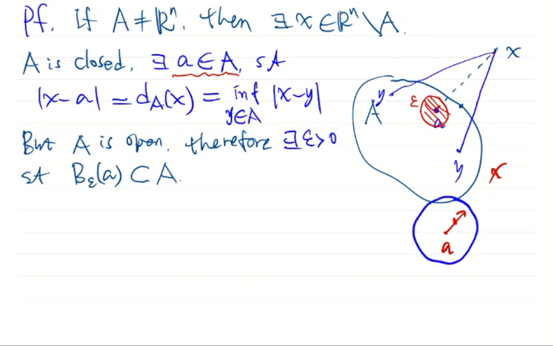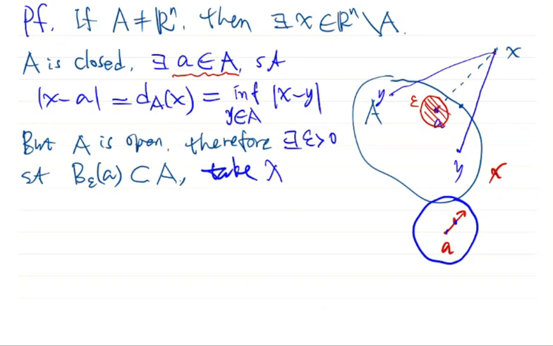But the distance from this point to x should be less than the distance from x to this point a. Therefore, this is a contradiction, because the distance from x to a is the infimum of the distance from x to any point in A. Okay, this is the idea. How to express this legally? Okay, so let's do this. We take an epsilon, lambda.